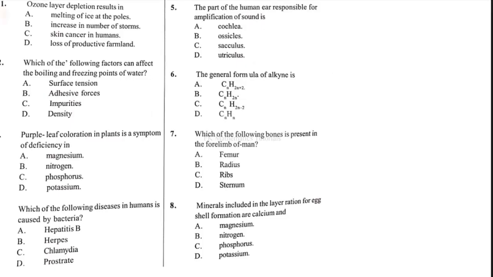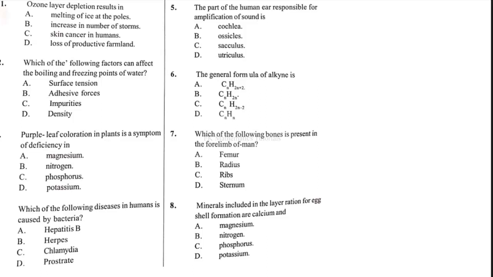Ozone layer depletion results in melting of ice at the poles, increase in number of storms, skin cancer in humans, loss of productive farmland. So when there is rapid depletion of the ozone layer, it causes harmful ultraviolet rays to make direct contact with the human skin.